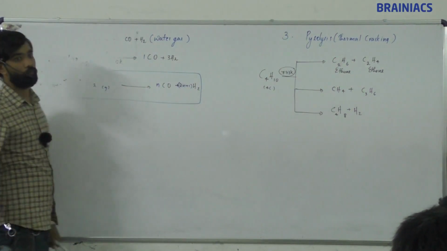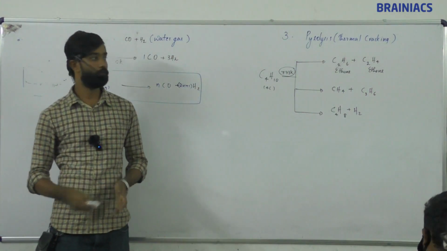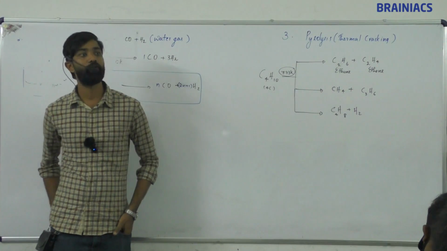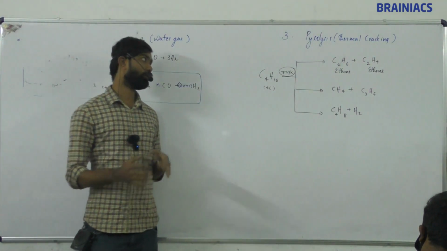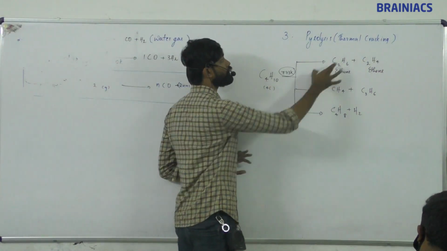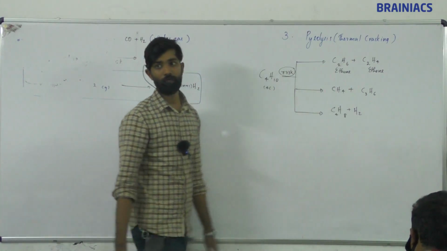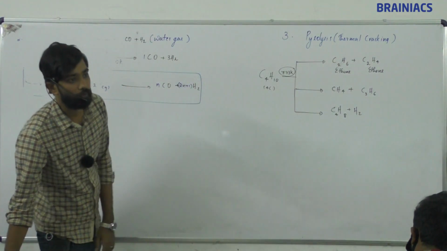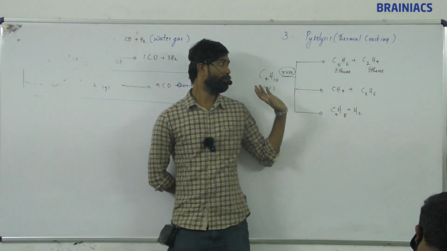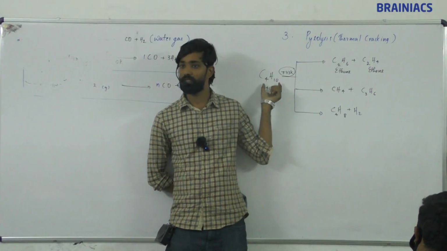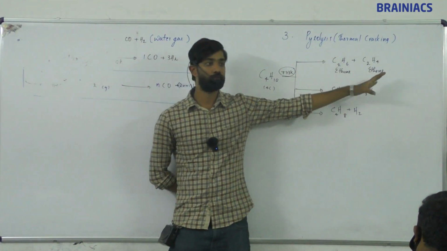It is used for cracking of higher alkanes in the petroleum industry. Petrol is actually a mixture of normal octane, isooctane, like that, so it is applied on the basis of cracking. In the petroleum industry, thermal cracking is a widely used idea. But in our case, a question may be asked where a hydrocarbon is given and it is split into two or three, like that.